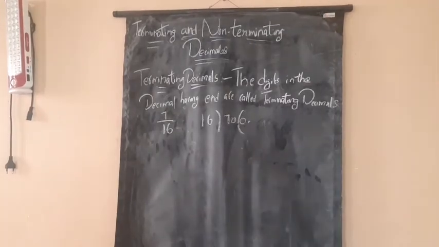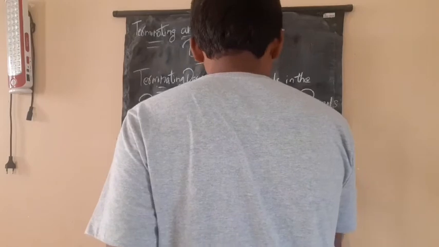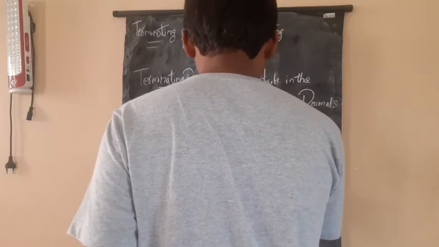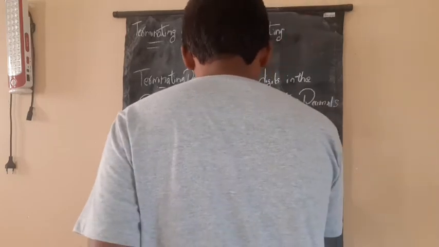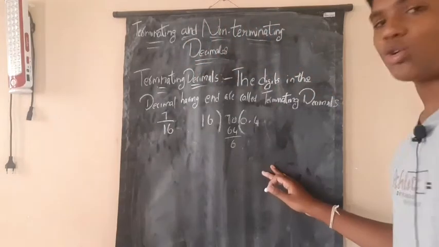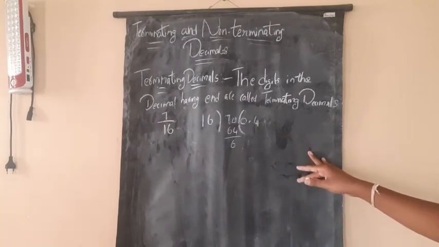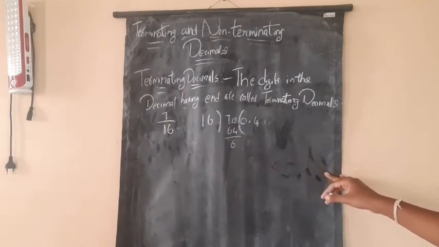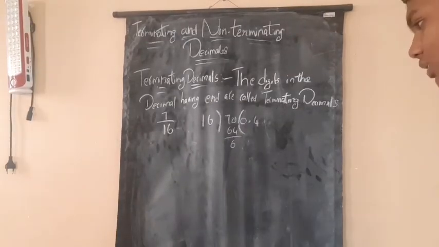Now 16 4s are 64, the nearest multiple of 70. Keep 6 here. 70 minus 64 is 6.